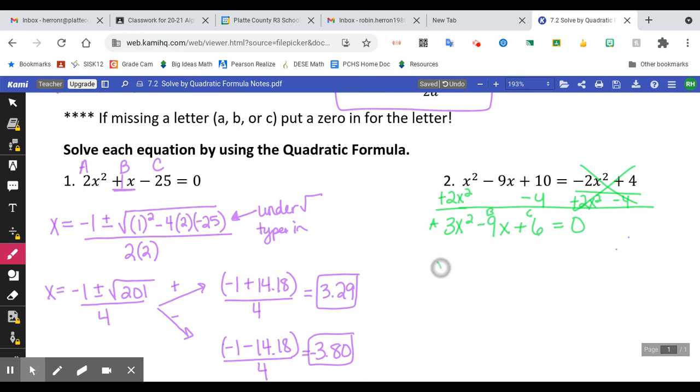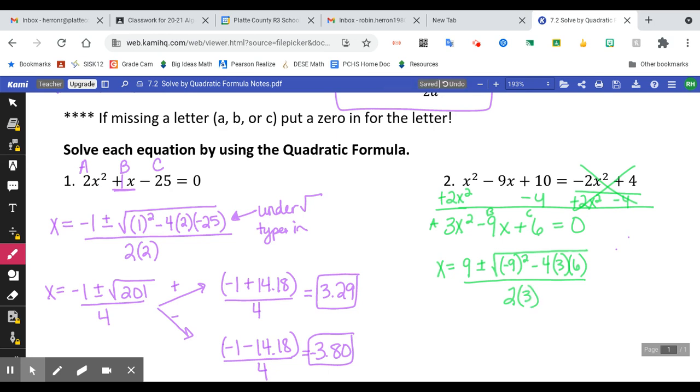So x equals opposite B, so positive 9, plus or minus the square root of B, which is negative 9 squared, minus 4 times A times C, so times 3 and times 6, divided by 2 times A, which is 3 again.